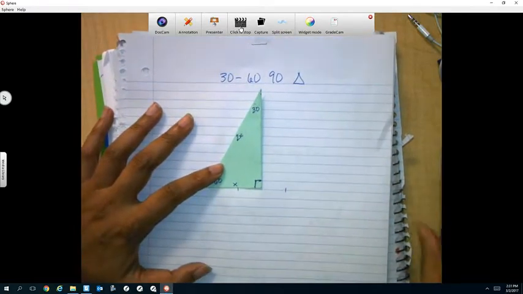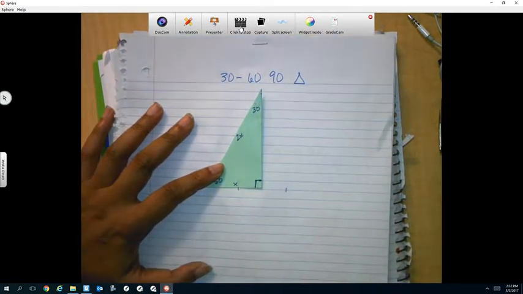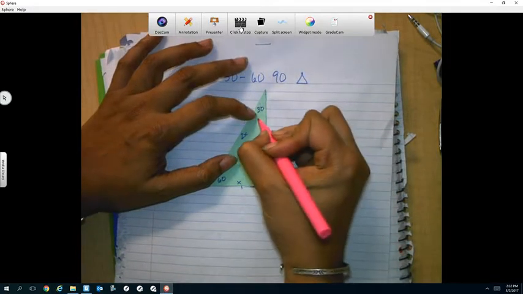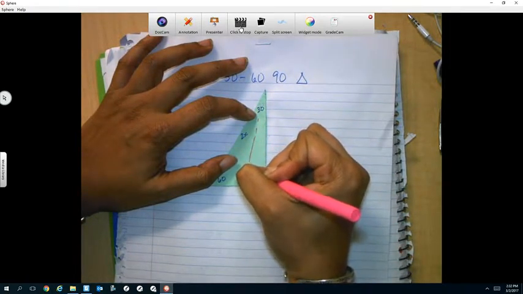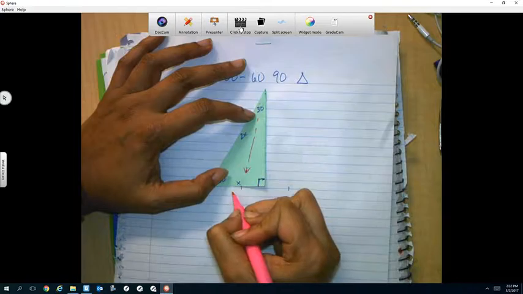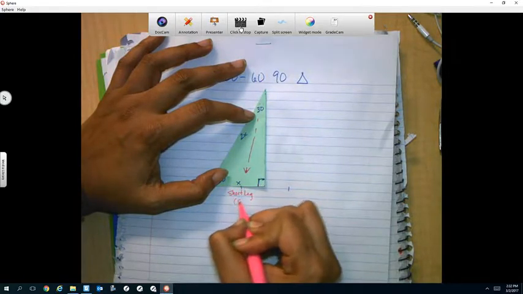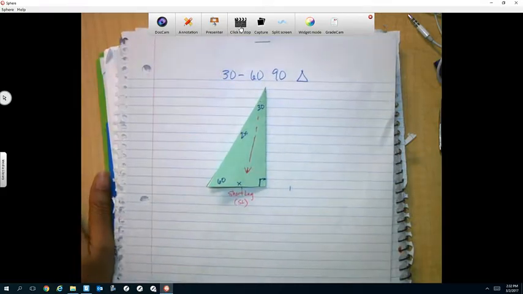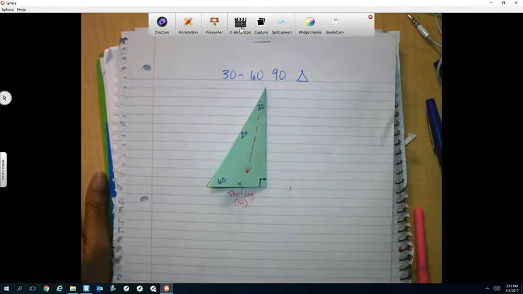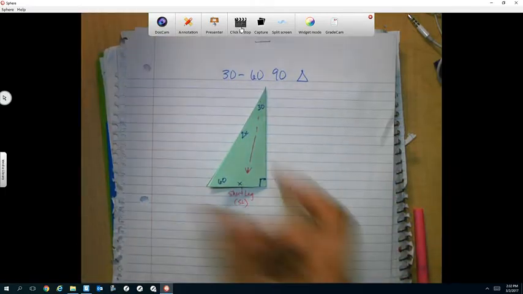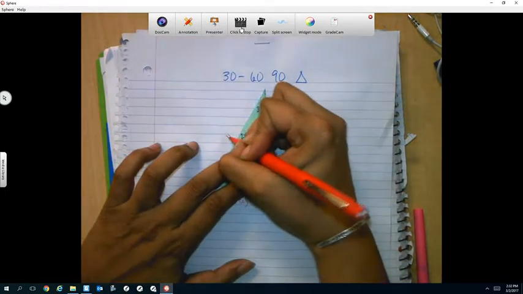And there are some relationships that we need to make sure you understand and apply with a 30, 60, 90 triangle. The first thing is opposite the 30. Sorry about that, it's supposed to be a dotted line, but this is what we call our short leg, or sometimes I abbreviate SL. Okay, so that's our short leg. Our hypotenuse is always opposite the right angle, so this is still going to be the hypotenuse.